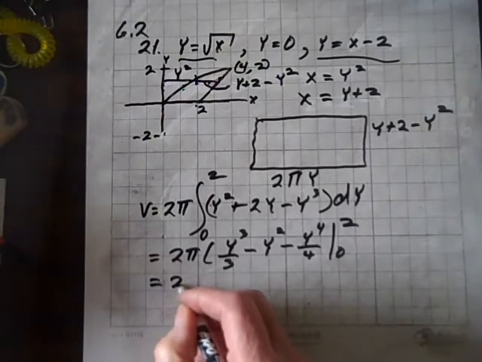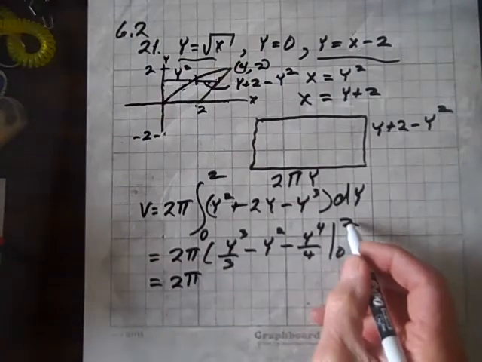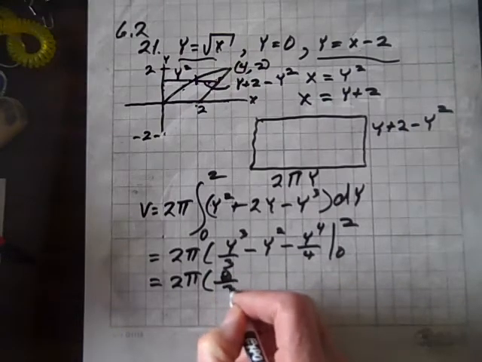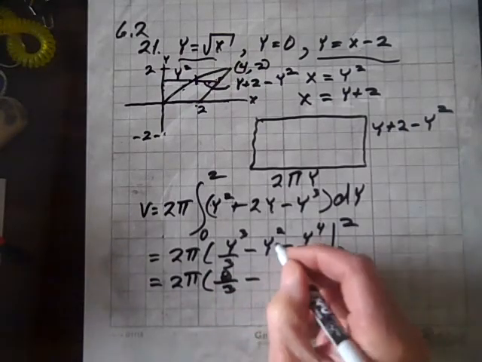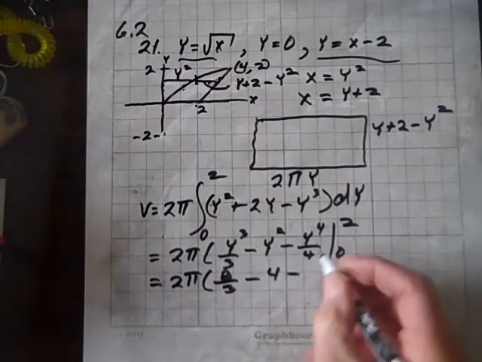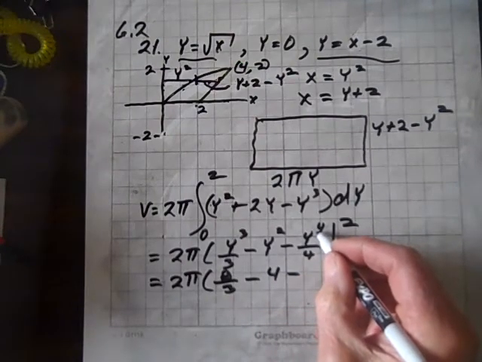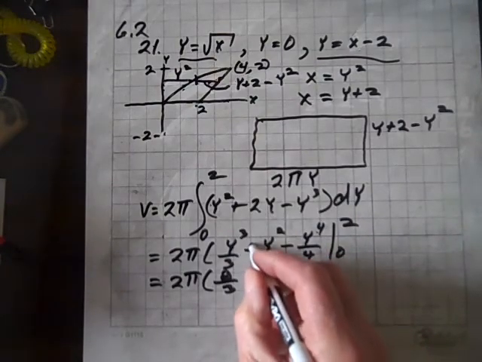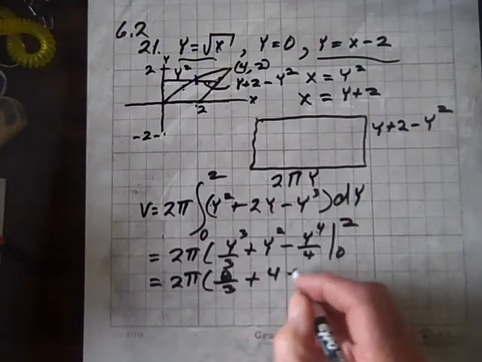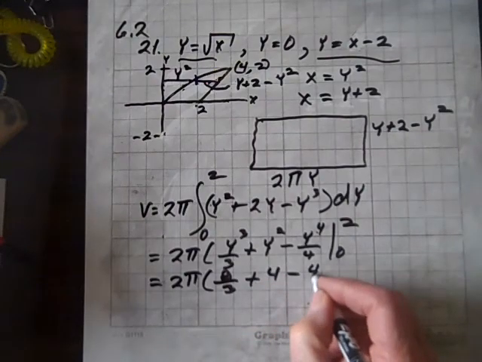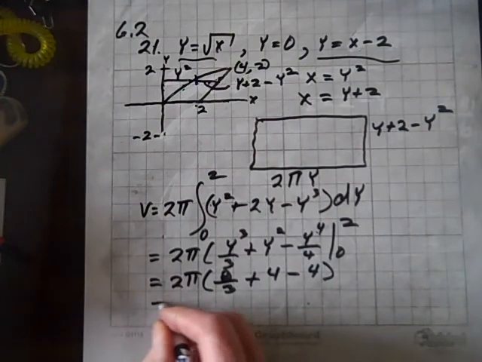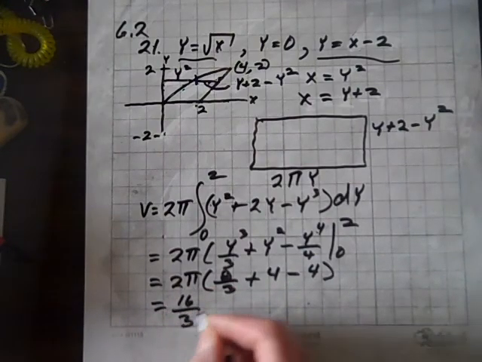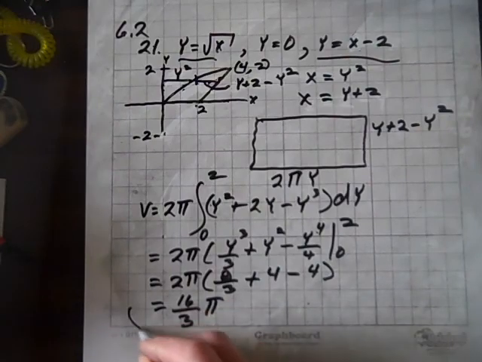And that equals 2 pi, and 2 cubed is 8, so that's 8 over 3, and 2 squared is 4, and y to the 4th, which is 2 to the 4th, which is 16 divided by 4, is also 4, so the 4's cancel out, and we get 2 times 8, which is 16 over 3 pi, and that's our volume.